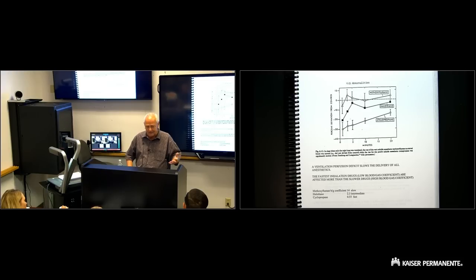See what I'm trying to say? So the faster anesthetics are going to be noticeably slower than the slower anesthetics, because the slower anesthetics are slow anyway, so it's not going to notice as much difference.